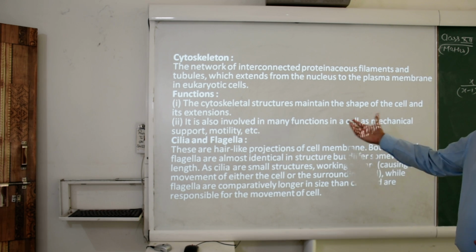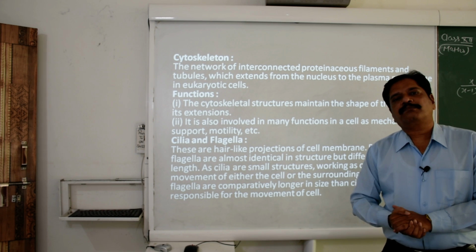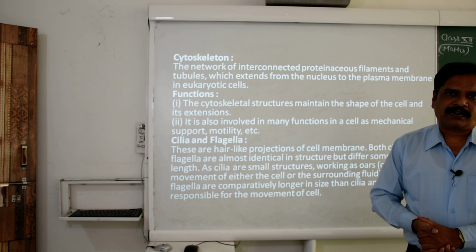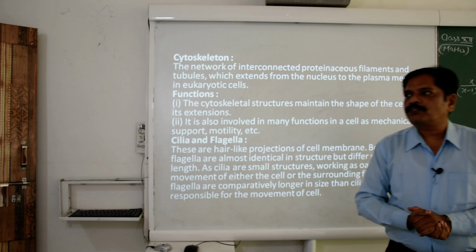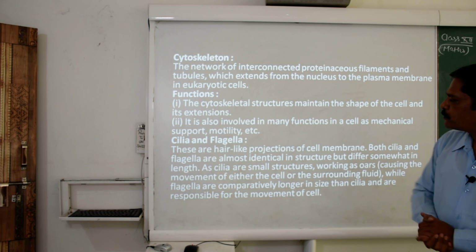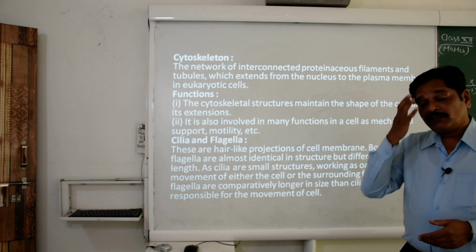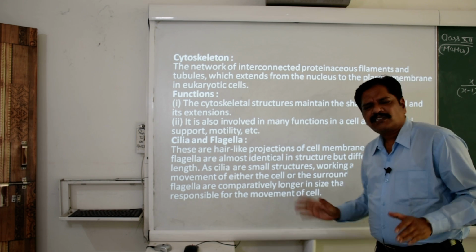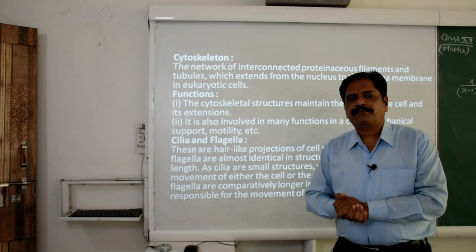Clear? Now this is only a characteristic feature of eukaryotes; it is totally absent in the prokaryotic cell. In function, it is responsible for maintaining the shape and size of the cell. It is also involved in many functions in a cell, as well as mechanical support, right. So the main functions are the mechanical support and the shape and size.